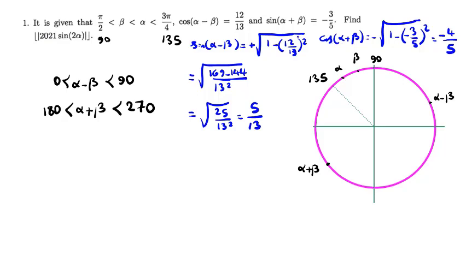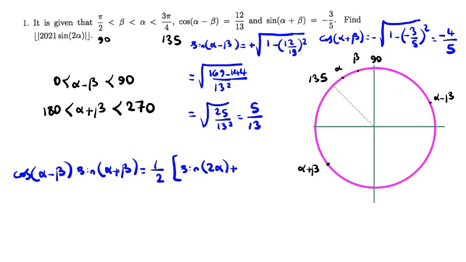So we found cos and sine of alpha plus beta, and cos and sine of alpha minus beta. Now we multiply cos of alpha minus beta and sine of alpha plus beta. It equals 1/2 of the sum of sine of the sum of them, which will be sine 2 alpha, plus sine of this minus this, which will be sine 2 beta.